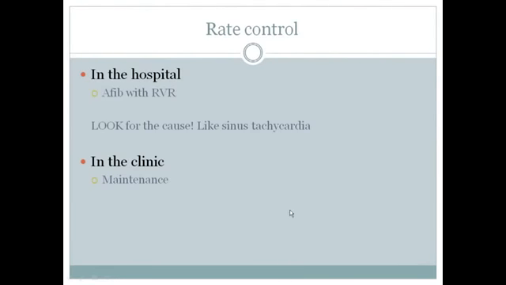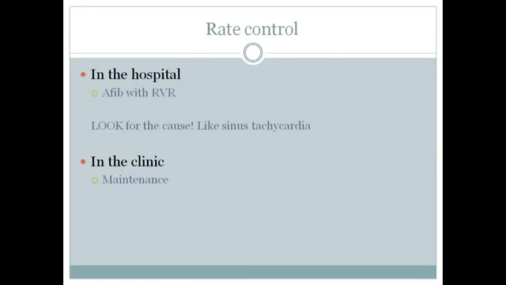Now rate control. I divided a couple of different things in the hospital and in the clinic. In the hospital, the patient is called in the emergency department, or on the floor, with AFib with RVR. And in the clinic, just a regular patient that we need to keep rate-controlled so they're not symptomatic. Always look for the cause when you have a change.